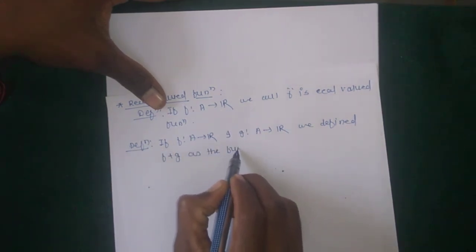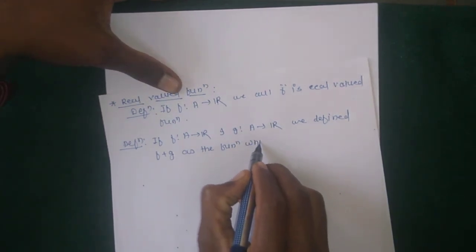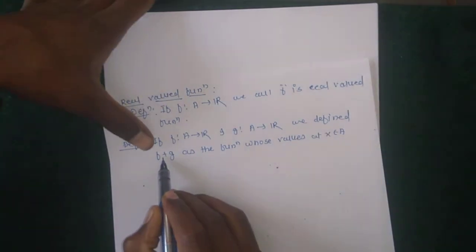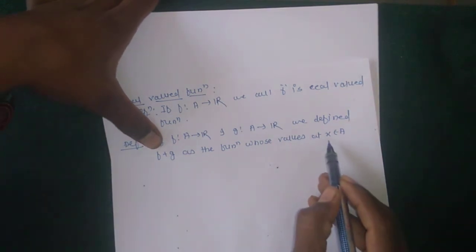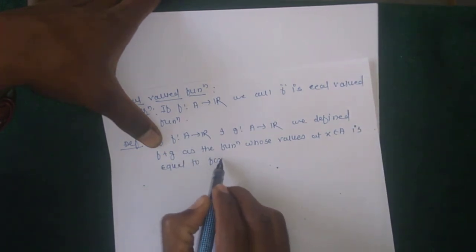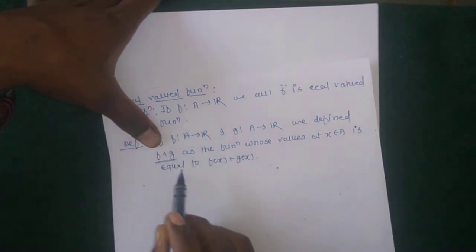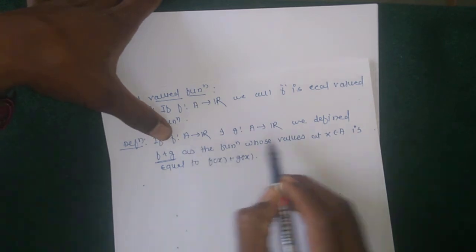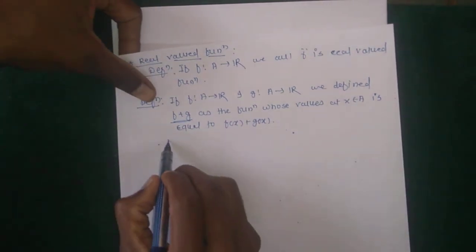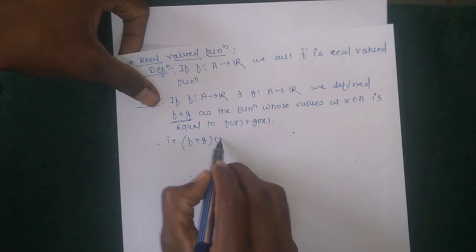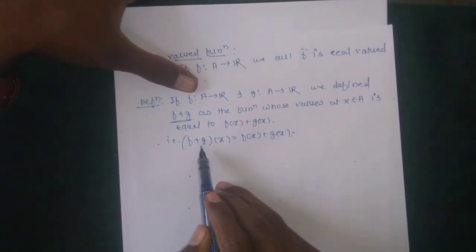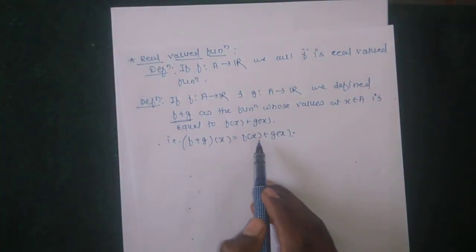the function whose values at x belonging to A are defined as follows: f plus g of x is equal to f of x plus g of x. It means that when the function f plus g is applied on an element of the set A, (f plus g) of x is equal to f of x plus g of x.